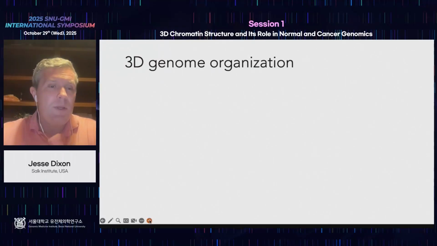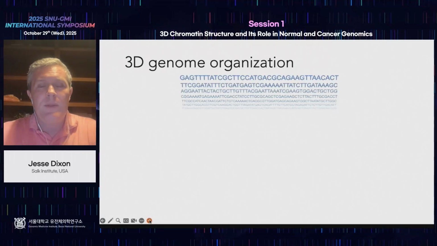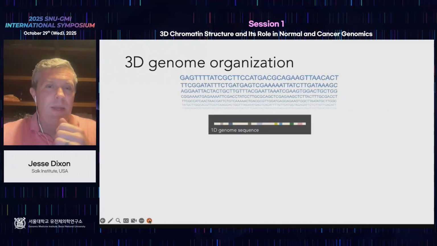Okay, so I always start my talk this way. I'm interested in this question of how our genomes are organized in three-dimensional space inside of cells. We're used to thinking about genomes as one-dimensional sequences of nucleic acids that we can represent as an actual sequence of bases, but maybe more commonly as a map where we can annotate particular features of the genome, like genes and different regulatory elements.